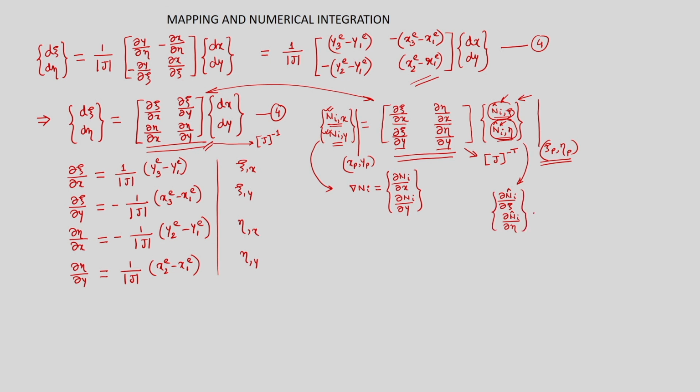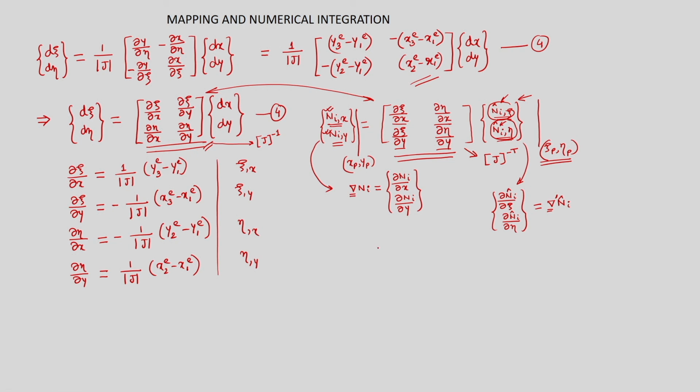So, let us denote that with a prime, the gradient of N̂i. This gradient is with respect to xi eta, and this is with respect to xy.